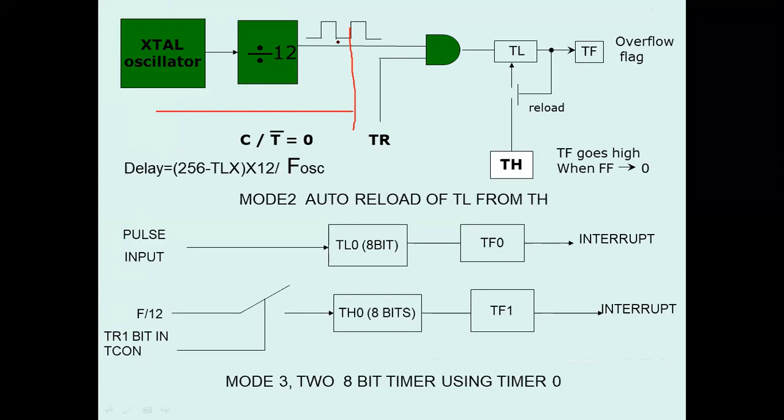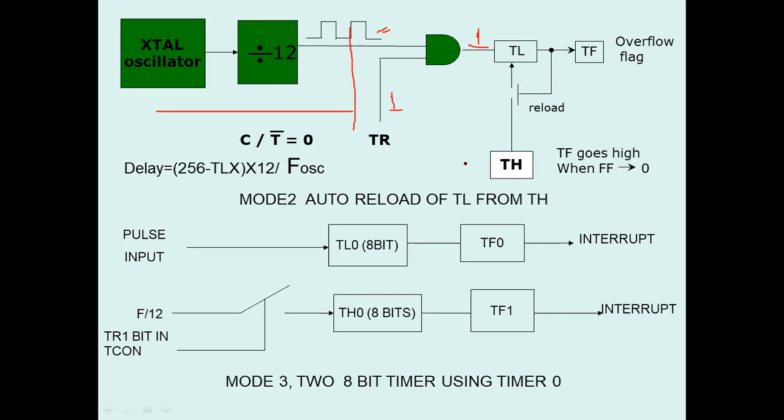Now again, when this square wave coming at this input of the AND gate is 1, the timer on control bit will be 1. So when this is 1, this timer starts counting from TL, and some value is loaded to TH.